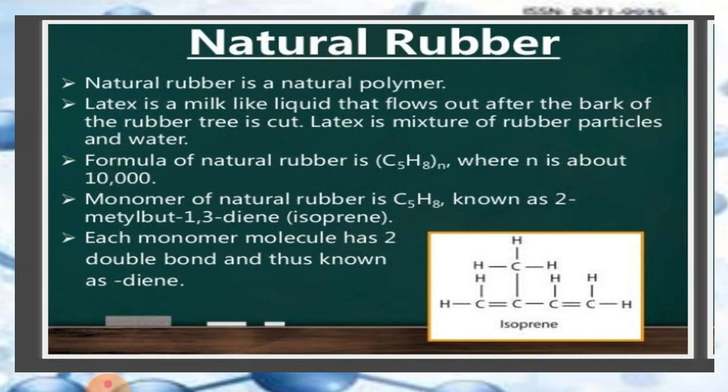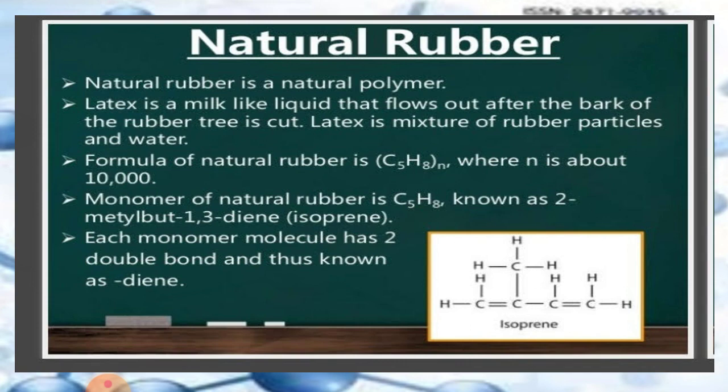The monomer of natural rubber is C5H8, known as isoprene or 2-methylbuta-1,3-diene. How is it known as 2-methyl? As per IUPAC nomenclature, starting from the left-hand side: first carbon, second carbon, third carbon, fourth carbon. The second carbon contains a methyl group, and the first and third carbons contain double bonds.